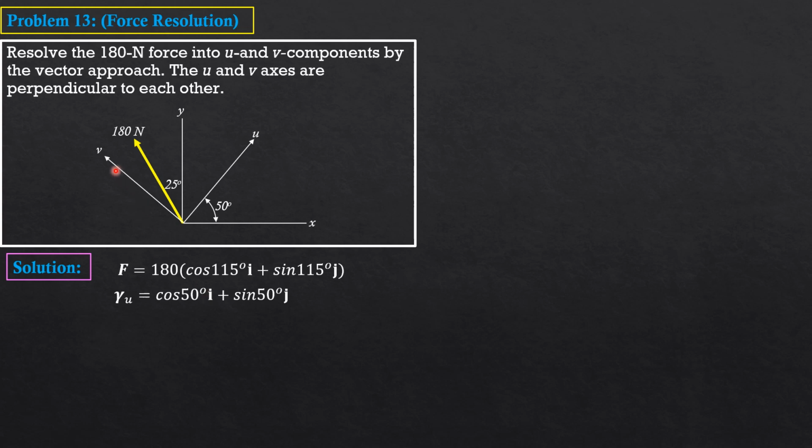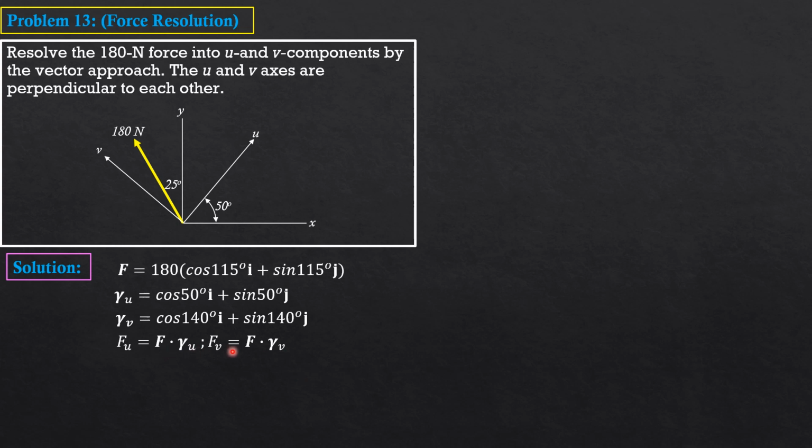So lambda V is cosine 140 degrees I plus sine 140 degrees J. So Fu is the dot product between F and lambda U, and Fv is F dot lambda V.